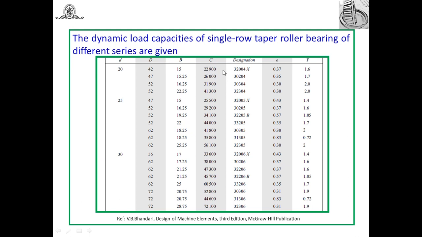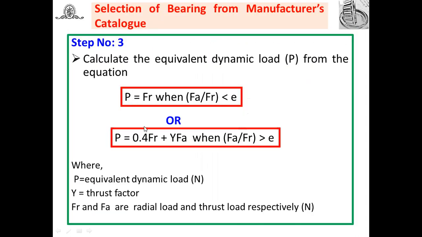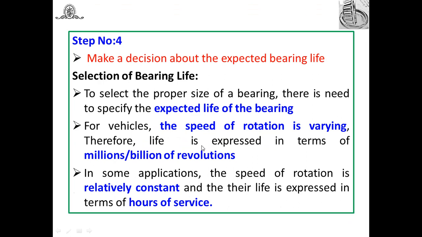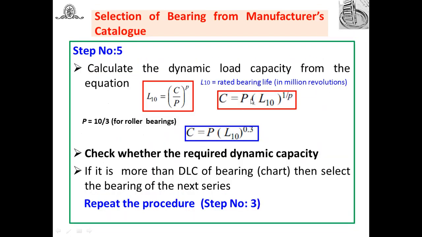If the calculated value is less than this, you can say this bearing is suitable. If the calculated value is more, then you have to go for another bearing version, 30 to 24. If it's more than this, you have to go for this bearing. In this way, again we have to check whether FA by FR is greater than E or less than E. Accordingly, we can calculate the value of P, the equivalent dynamic load. Then once you have calculated the dynamic load, you have to check whether the calculated load is less than or greater than what is available in the catalog.